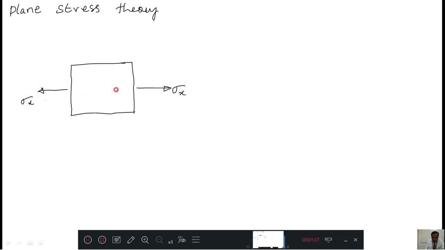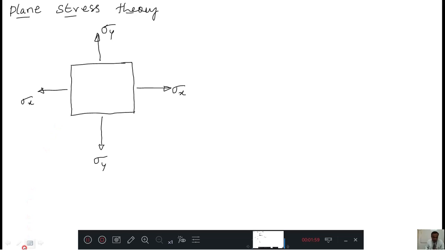These must be equal so that the body is in equilibrium. Now, if I apply some stress here, sigma y, then I have to apply the same stress on the opposite side, sigma y. These two stresses must be equal and opposite. Sigma z, perpendicular to the plane, is considered 0 because this is plane stress theory.